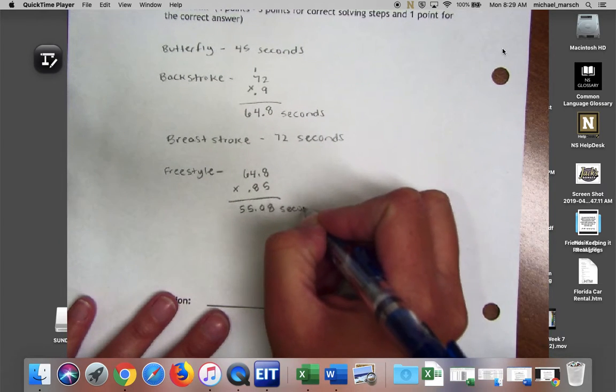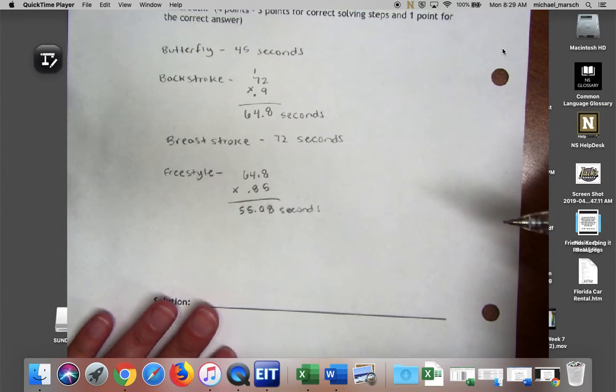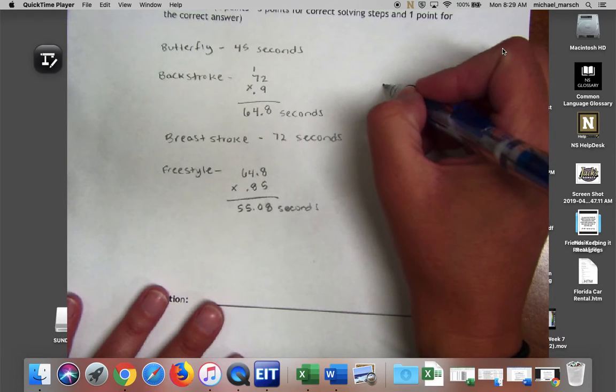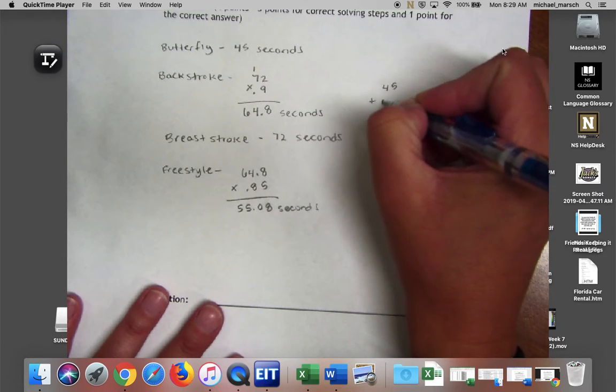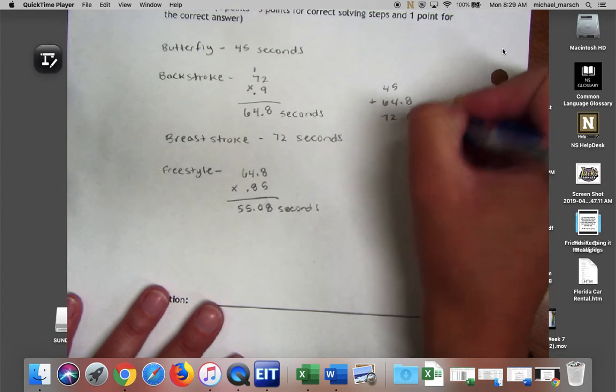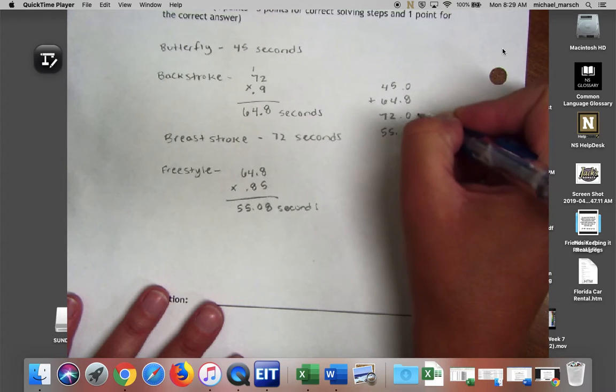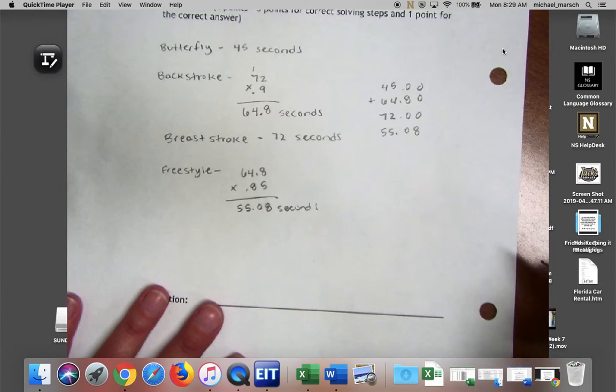So this is how long it took her to do each part of the 200 individual medley. So in order to get her combined time, we're going to add these. 45 plus 64.8 plus 72 plus 55.08. Remember, we put in those 0 placeholders so that everything lines up.